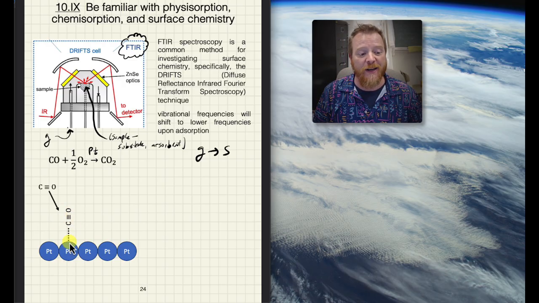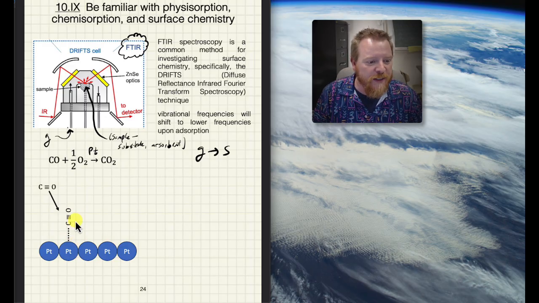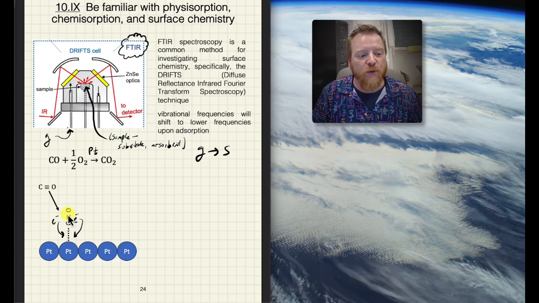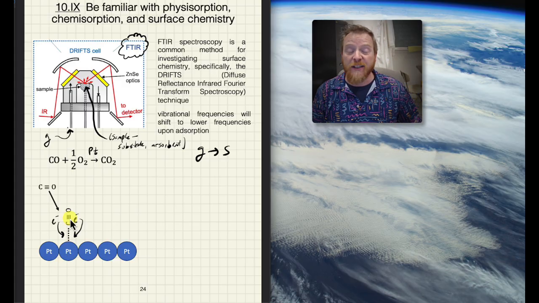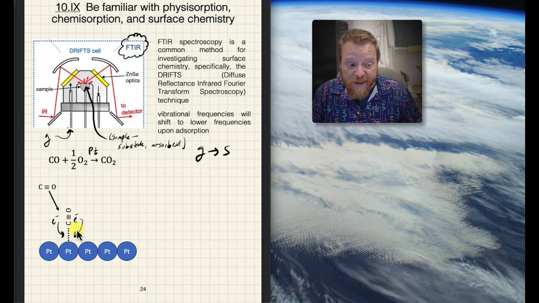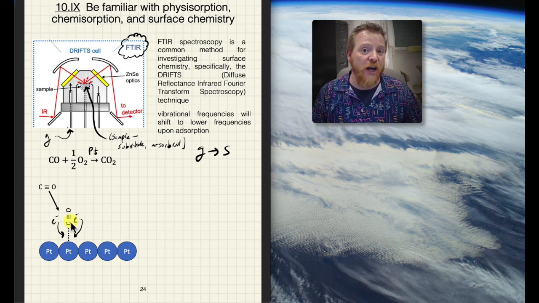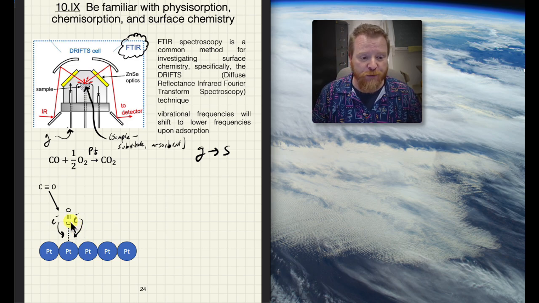Because this is chemisorption, some of the electron density in this molecule will end up becoming delocalized, so it will flow into the metal. As a result, that pulls electron density out of that bond, and it changes the vibrational frequency.